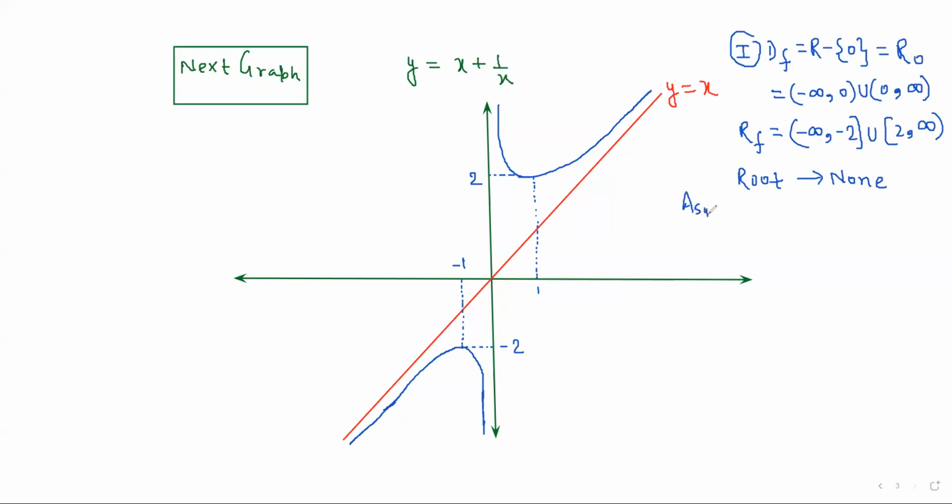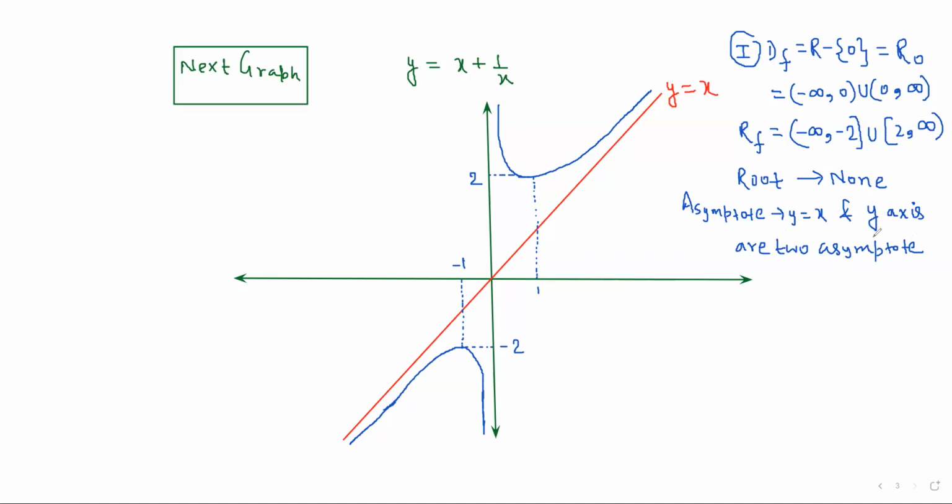Asymptote. The asymptotes are y is equal to x and the y-axis, these are two asymptotes.